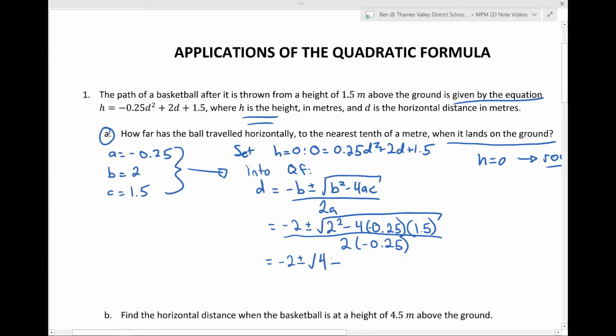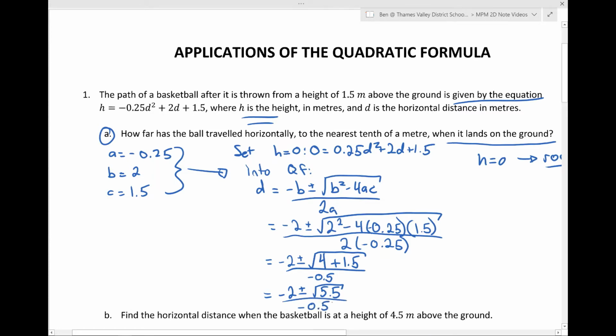That's 4 plus 1.5, and it's plus 1.5 because we have this second negative sign in there, underneath the square root, divided by 2a, this is 2 times negative 0.25, so that is negative 0.5. Fantastic. So that equals negative 2 plus or minus the square root of 5.5 divided by negative 0.5.